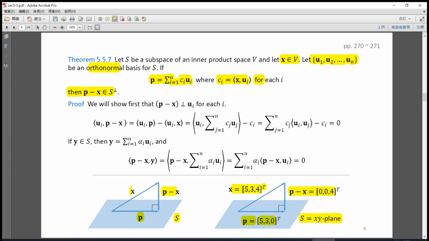P minus X is orthogonal to every element in the xy plane, and therefore P minus X belongs to S perp. Theorem 5.5.7 is a very important result because it has a wide range of applications.